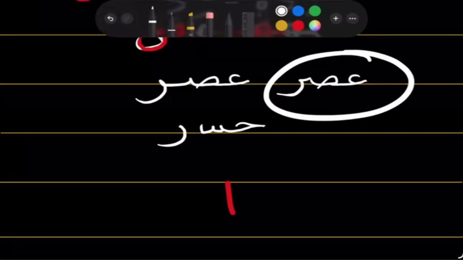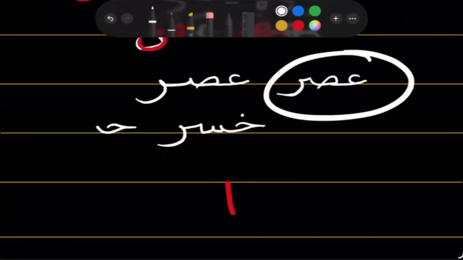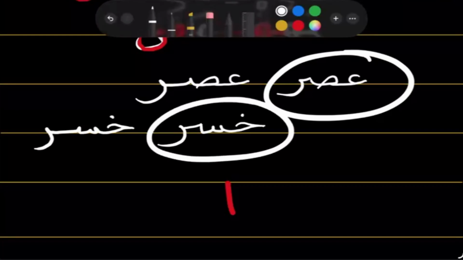So what I can do is I can just bring the line from there. Or if I want, I can take it back down to the line and then bring my ra again. Both of those are fine. I think the first one looks nicer though.